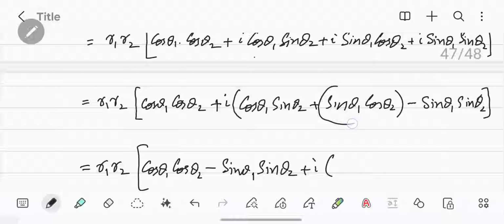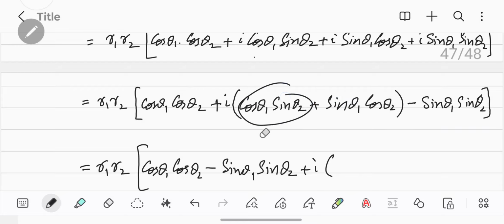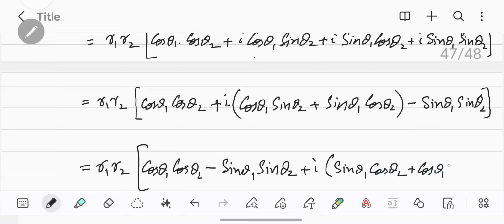It doesn't matter which term I write first because a plus b is equal to b plus a. Here you have plus, so you can write sine theta 1 cosine theta 2 plus cosine theta 1 sine theta 2.